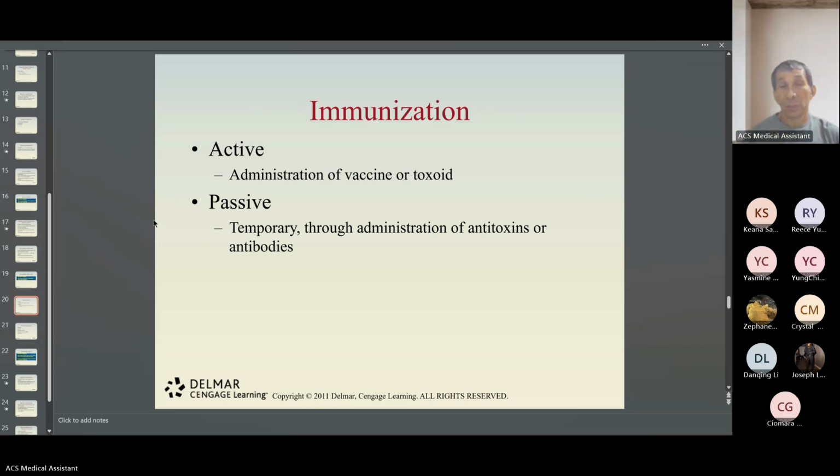So whenever you hear about active immunization, it's because you have been given the toxoid, the actual virus, the viral infection is being applied to you through a vaccine. So we're going to create antibodies in your blood for this particular condition.